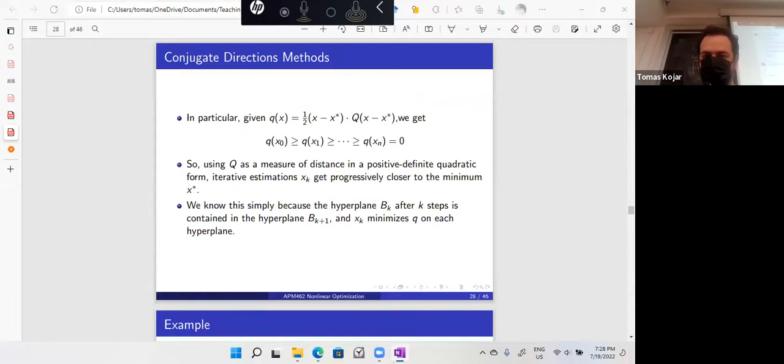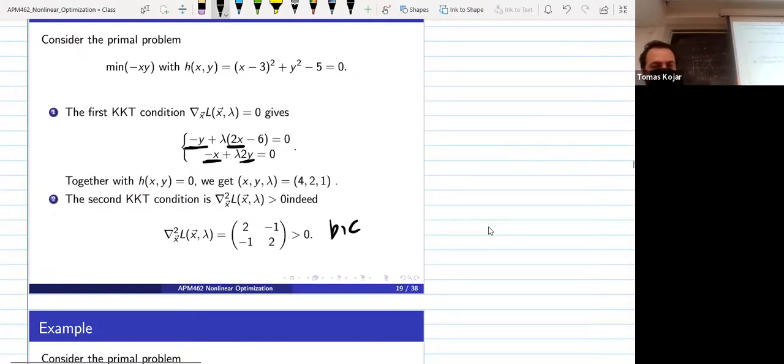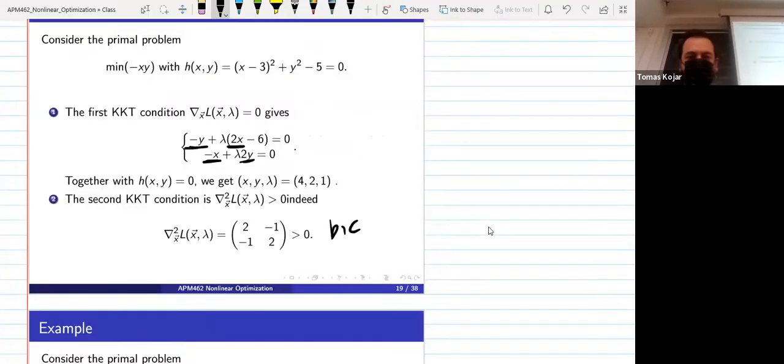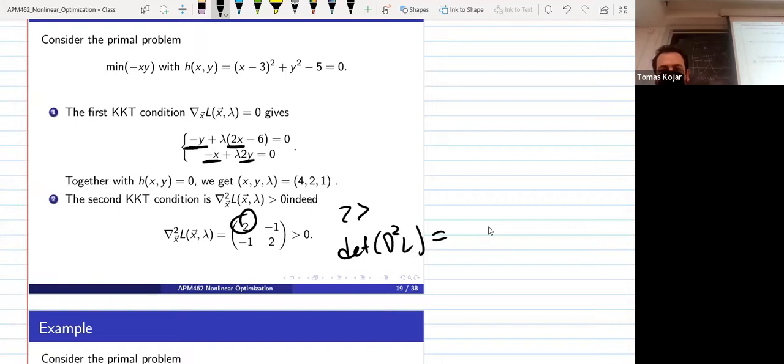Mo? Determinant. Determinant of who? Oh yeah, exactly. So you have 1 minor, and the determinant of this matrix is 4 minus 1, so 3.